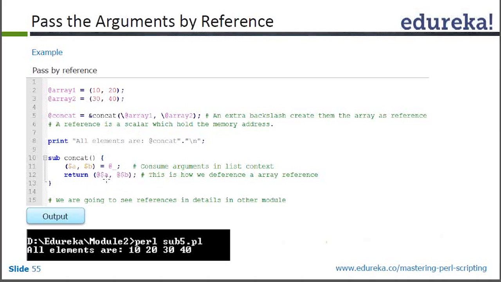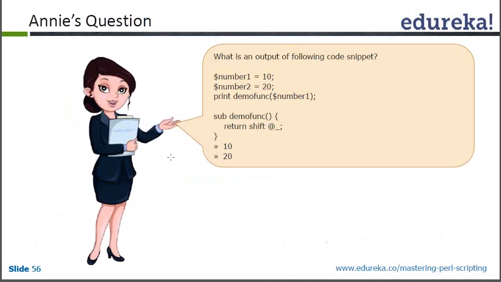Dereferencing means you are converting from the reference to the actual array. So when we have a reference and you want to dereference it, then you have to call @$ or $$ is also okay, right? So when we do, it will give the values of A and values of B. So values of A is 10, 20, values of B is 30, 40. So this is about it.